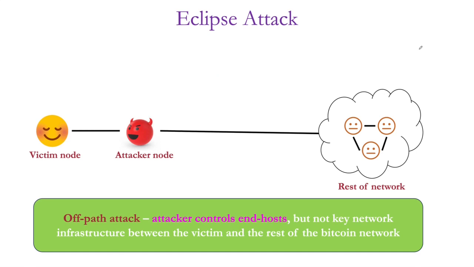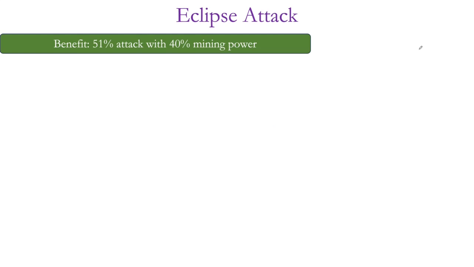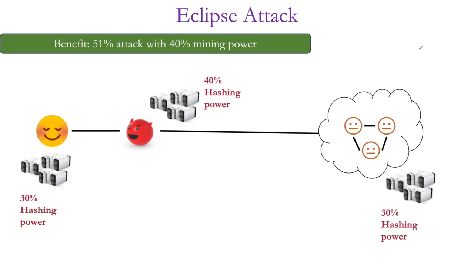So, in summary, the benefit of the vulnerability which we have identified is the 51% attack vulnerability. The hashing power of the attacker is supposed to be more than the hashing power of the normal nodes in the network.